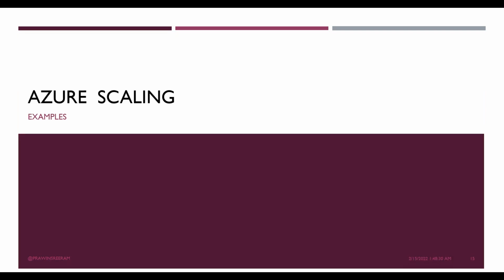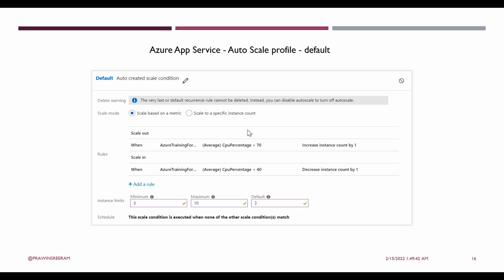Okay, so let's do that. And did I miss anything? Yeah, let's do that. Here you see this is the default profile. Scale out, that means increase the number of servers when the average CPU percentage is greater than 70. Okay, how many servers should we increase? Only by 1. Only 1 server at a point of time. You can also make it 2.